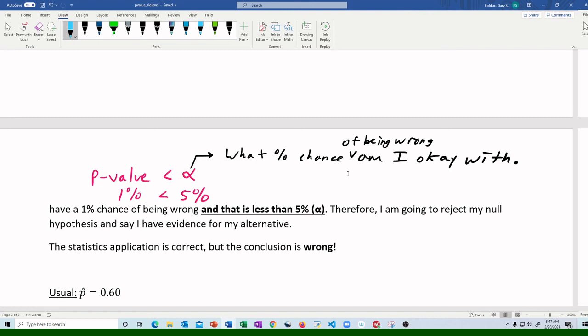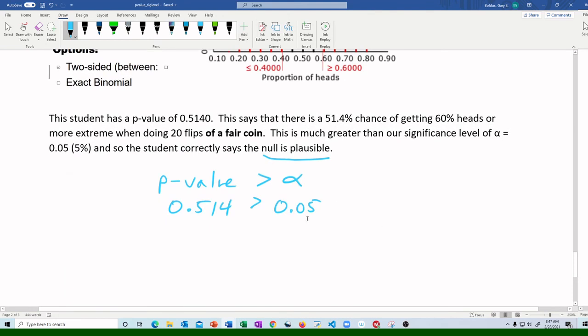If that's less than my cutoff, I'm feeling pretty good. Let's reject. If the p-value is bigger than this cutoff, I'm saying, you know what? Too big. Let's just go null is plausible. I'm not confident enough right now to reject any null. The probability of getting something as extreme as mine is too big. There's too big of a chance that I'm messing this up if I reject the null. So, white flag, null is plausible. I'm good.